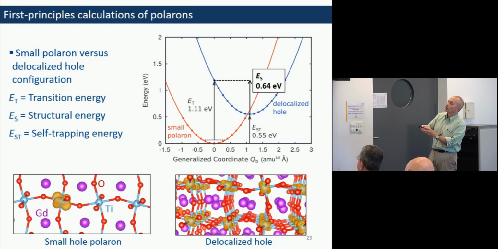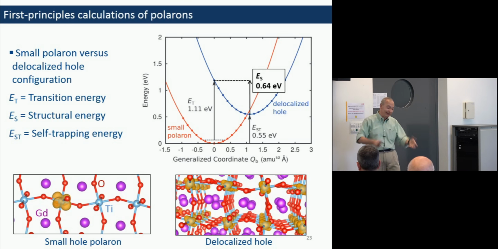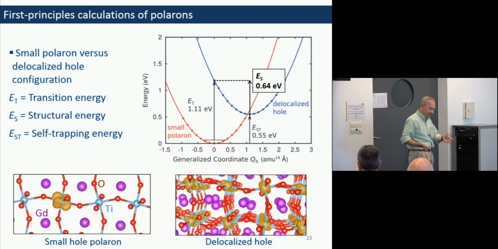Okay? So you can map this out in this so-called configuration coordinate diagram. The lower curve is for the small polaron. It's the more stable state. If you wanted to form a delocalized hole, which of course experimentally you have no control over, but in the calculations we can control these things. We can force the atomic positions to remain fixed to those of a perfect lattice, and then the hole is delocalized.